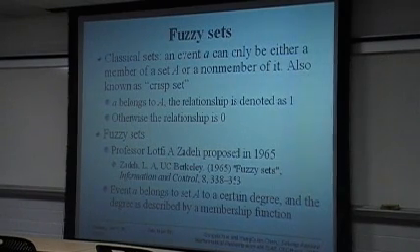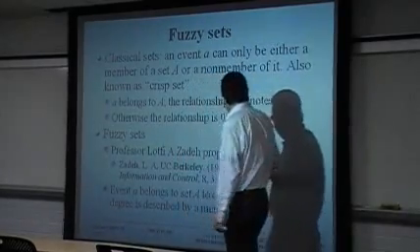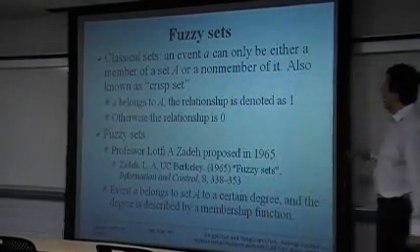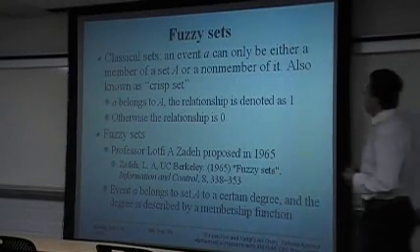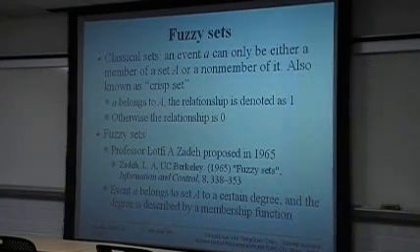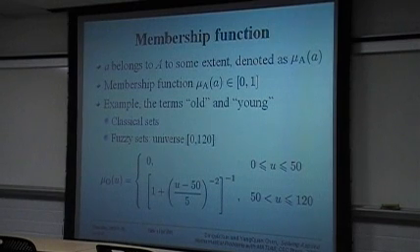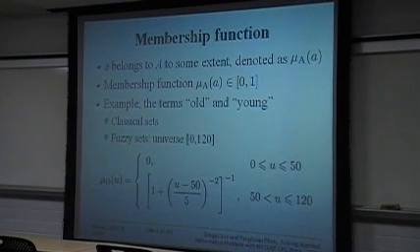However, as pointed out by Professor Zadeh in 1965, for certain problems, the membership relationship of 1 and 0 is not enough. For instance, if one wants to describe the term old, if you are using a classical set, then you have to set a very exact age here, for instance, 60 years of age.